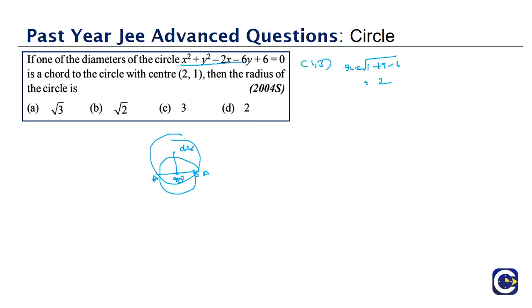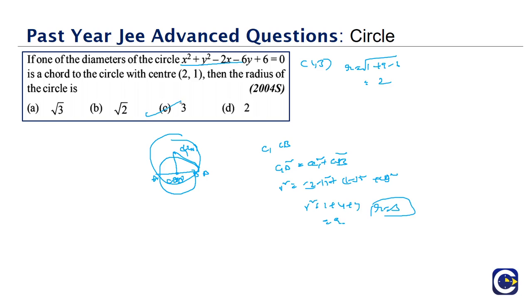Consider the triangle C1CB, where C1B square is equal to CC1 square plus CB square. So R square is equal to 2 minus 1 whole square plus 1 minus 3 whole square plus 2 square. So R square is 1 plus 4 plus 4, which will give me 9. So R is equal to 3. So the radius of the circle is nothing but 3.